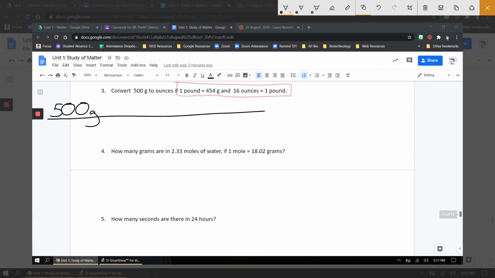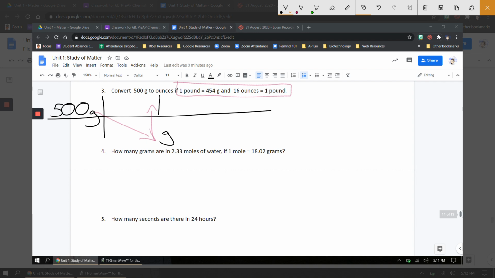Here's my little picket fence or railroad track. Again, I already know I need to put my grams down here in order to cancel out, right? Then I'm going to figure out what can I put above grams that I can convert into with confidence. It says in that box that a certain number of grams is equal to a certain number of pounds.